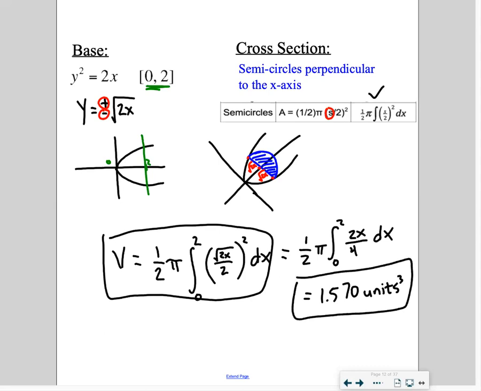Yeah, Jack. I think I followed the first part. Can you say that one more time? Oh, if it wasn't a semicircle?